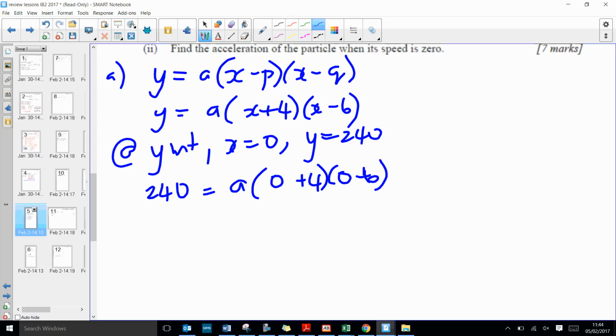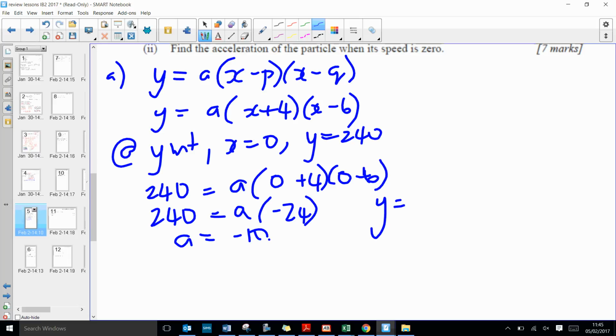So we get 240 equals a times negative 24, so a is negative 10. So just to confirm, our total formula is y equals negative 10(x plus 4)(x minus 6).